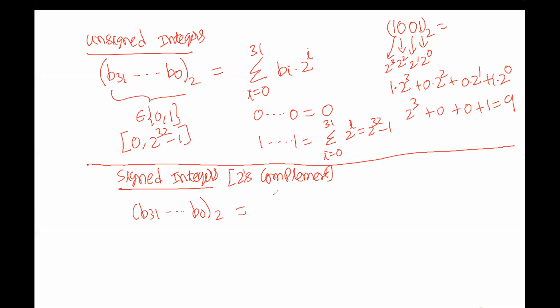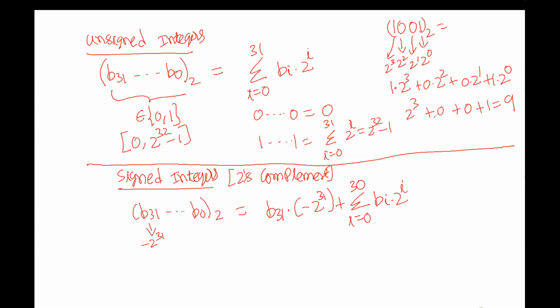Then sigma I equal to 0 to 30, Bi into 2 power I. So this is the mapping function. You may ask how this function looks magical, but the important point here is that the weight associated with the bit B31 is minus 2 power 31.